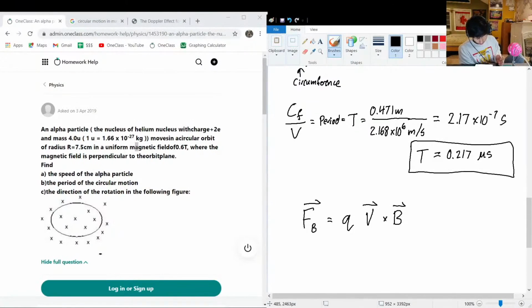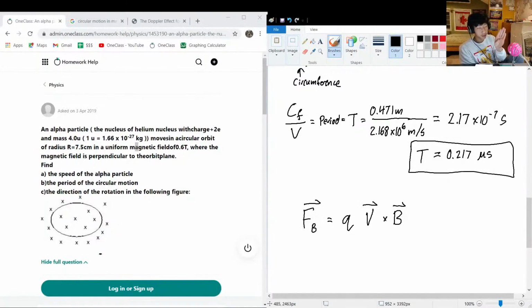So we want to be using the right hand rule. All these vectors are not useless, they're there for a reason. We want our fingers going the same direction as V, so it's either clockwise or counterclockwise. We want our fingers to curl along the magnetic field, and where our thumb points is going to be the direction of the magnetic force.